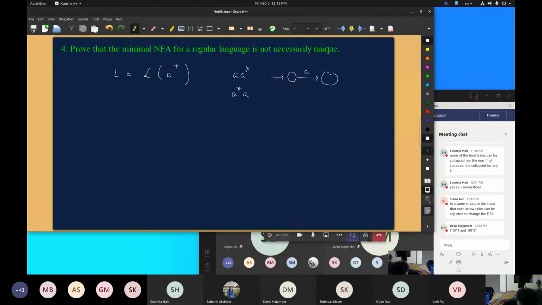First read A and then loop on A. And here, first loop on A, then read A and accept. So they are structurally different, right? But they both accept the same language. It's the language of A plus.